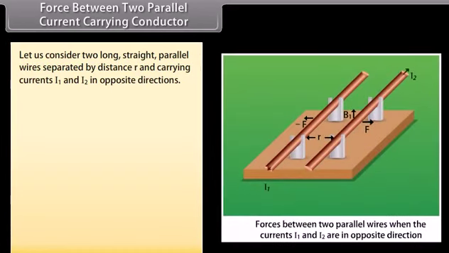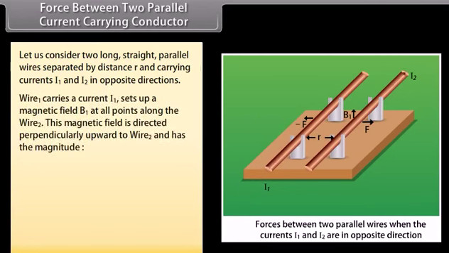Force between two parallel current-carrying conductors. Let us consider two long, straight, parallel wires separated by distance r and carrying currents I1 and I2 in opposite directions. Wire 1, which carries a current I1, sets up a magnetic field B1 at all points along wire 2.